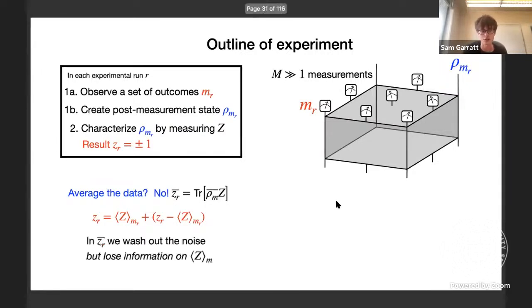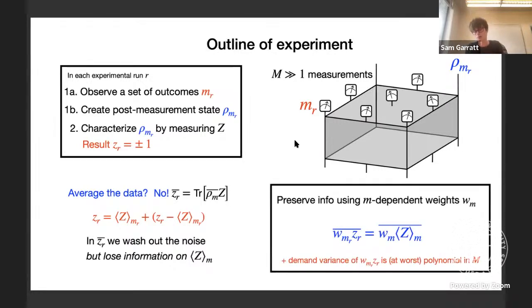Now, what is this average doing? When we just average these zR over the ensemble, we're washing out the noise, which is the second term. That's good. We wanted to wash out the noise. But we're also losing information on the variations of the expectation value of Z over the ensemble of M's. So what we'd like to do is still kill the noise, but hold on to the information on the ensemble of the expectation of Z given M R.